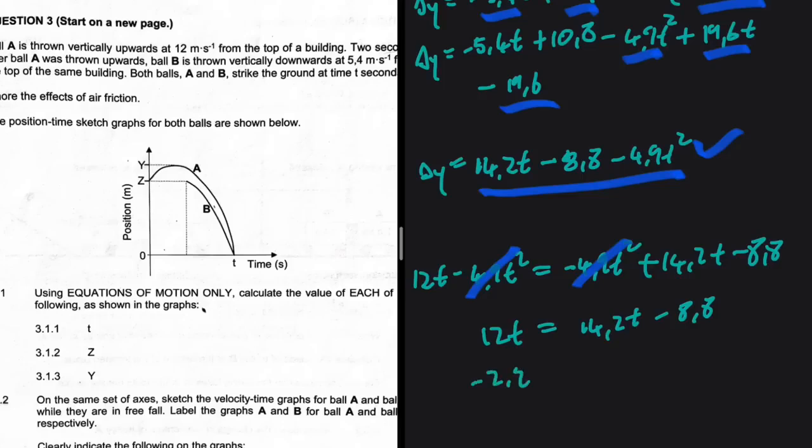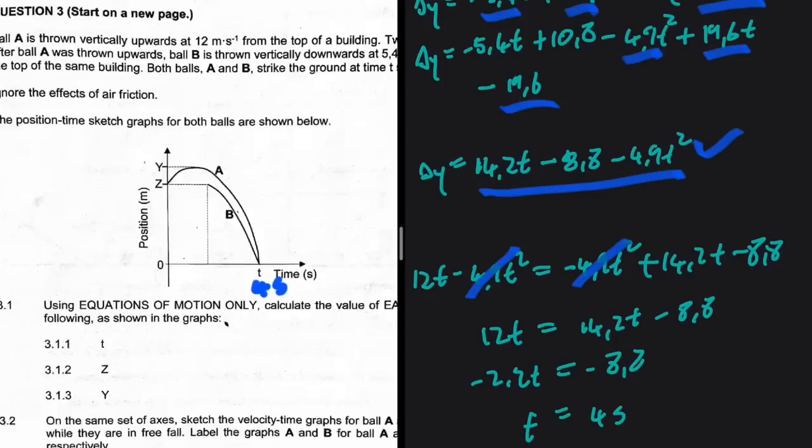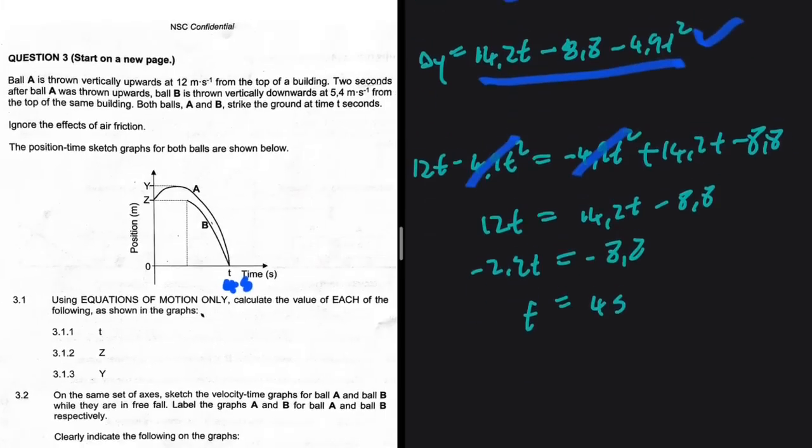So minus 2.2t is equal to minus 8.8. So t is equal to 8.8 divided by 2.2, I'm getting 4. So time t is 4 seconds. So this takes 4 seconds. Okay, there we go. That is 3.1.1.